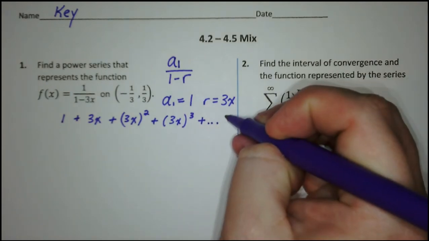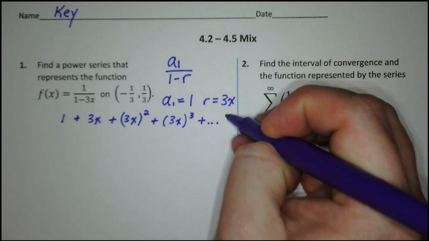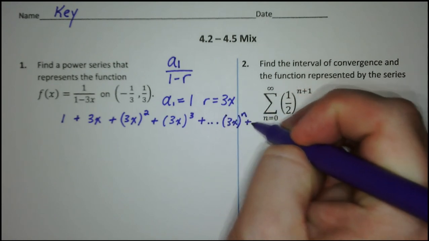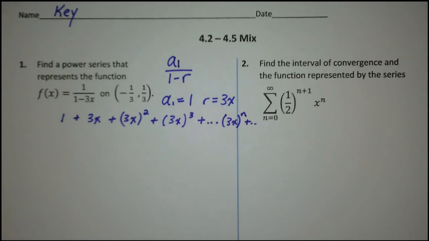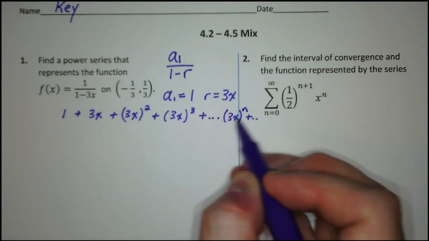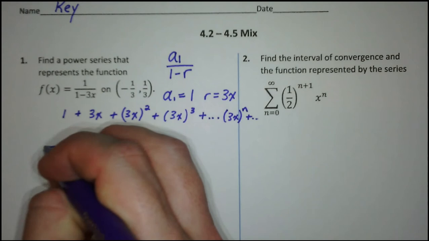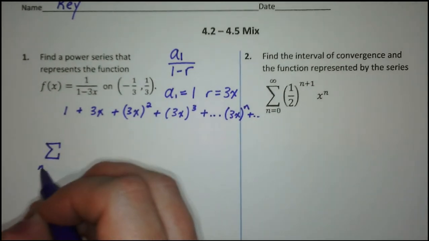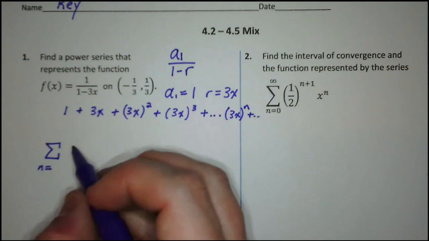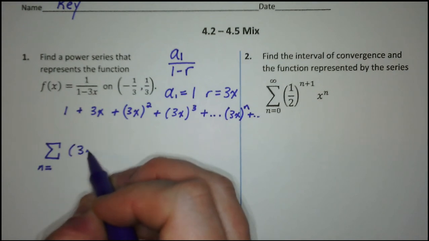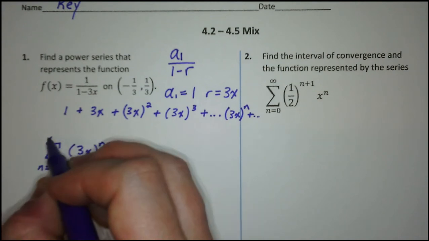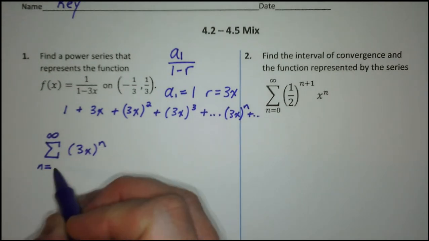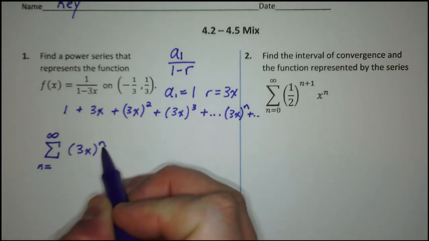And you might actually technically need to include something like that, but it's better to take this and put it in a sigma representation where, let's see, if we're going to go with 3x to the n, and we're obviously going to infinity here, are we going to start off with 0 or 1?